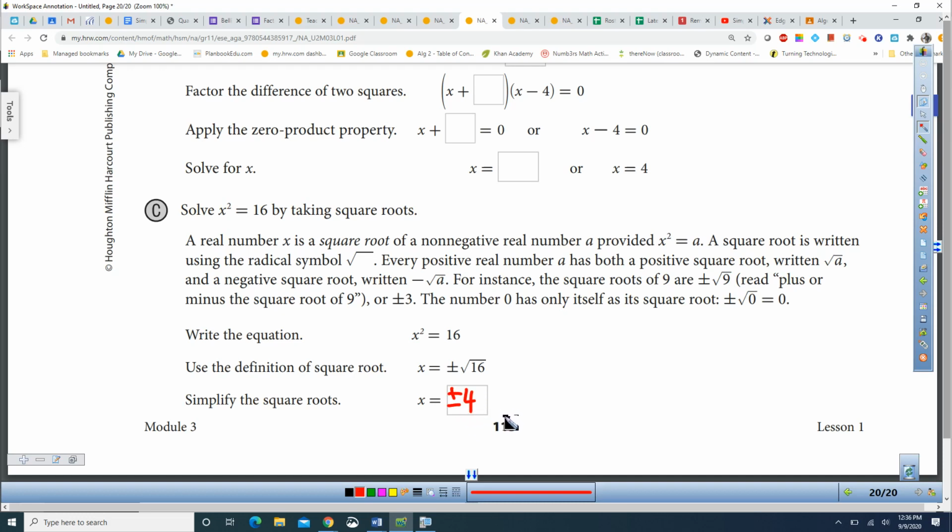So you have 3 methods, and all of them give you the same answer. It just depends on your situation which one you use. We're going to do some practice with all of these methods so that we can be prepared no matter what the situation is. One thing I do want to mention though: taking square roots is all well and good.